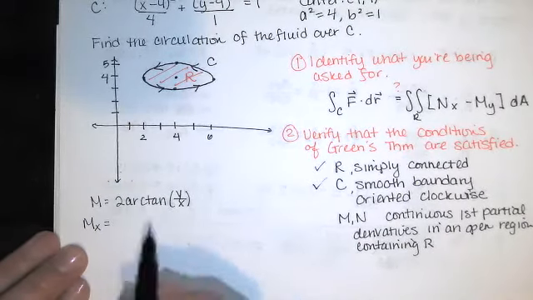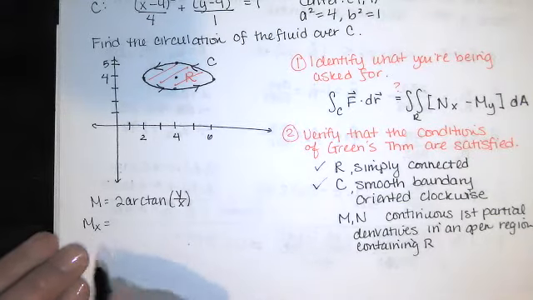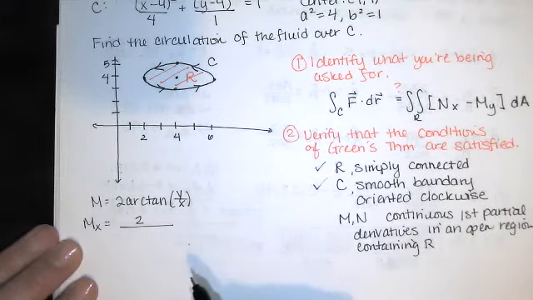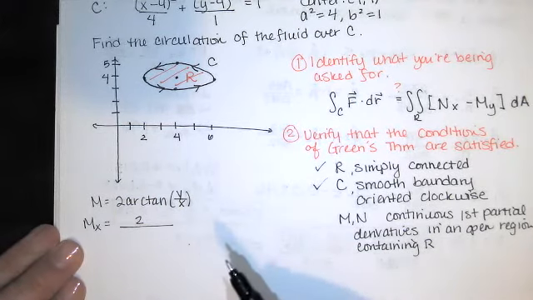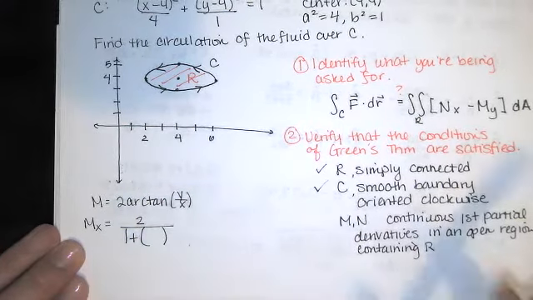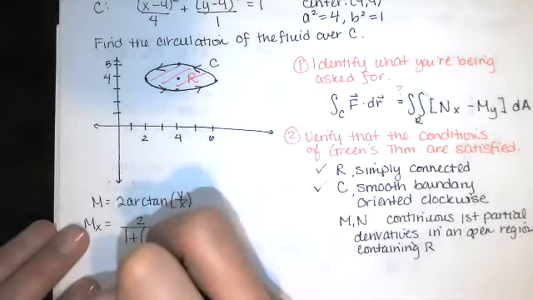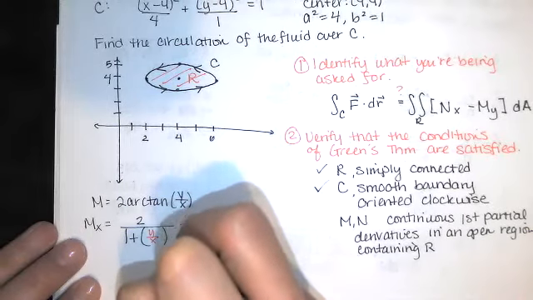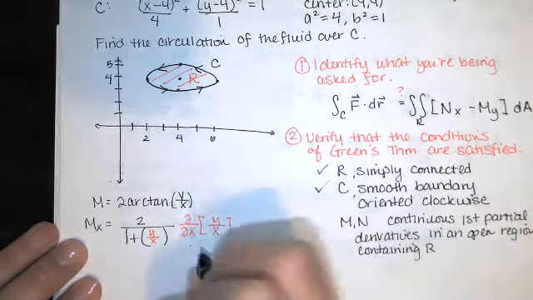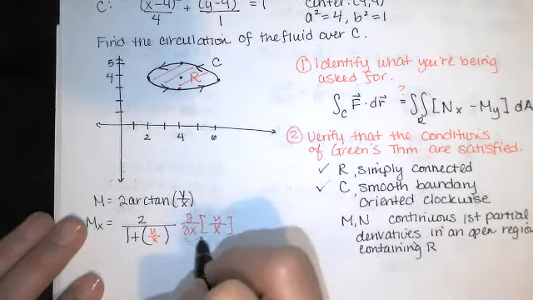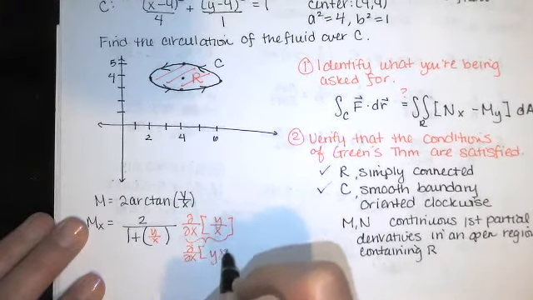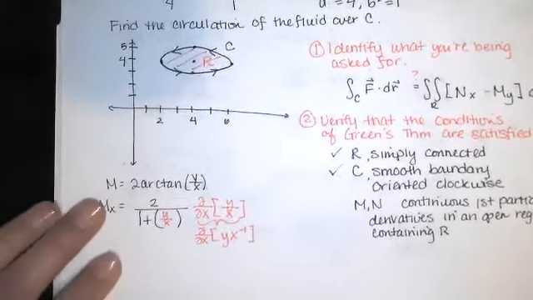The derivative of M with respect to x, treating y as a constant, is 2 times the derivative of arctangent of a function. The derivative of arctangent of a function is 1 over 1 plus that function squared, times the derivative of the inside with respect to x, treating y as a constant. So this is the same as the derivative with respect to x of a constant times x to the negative 1.